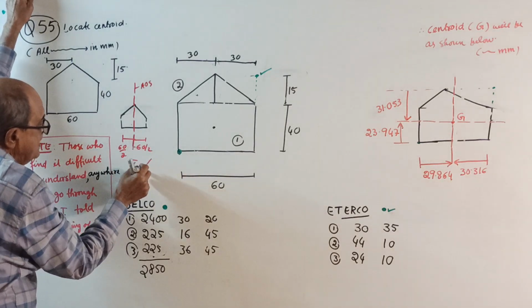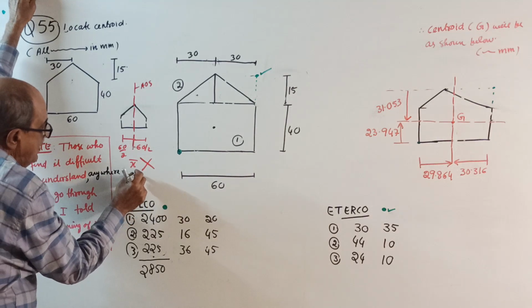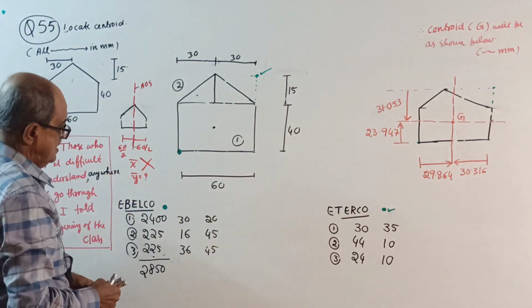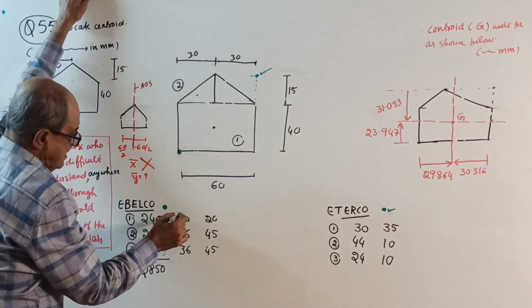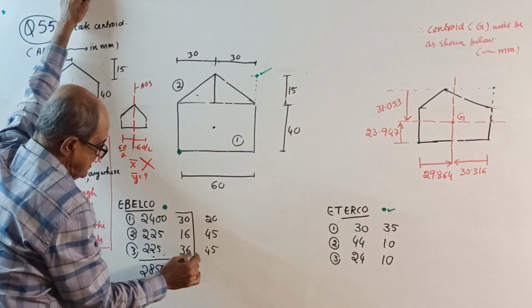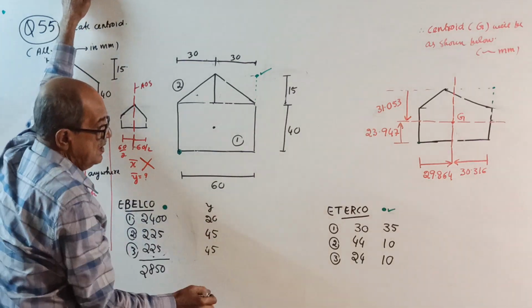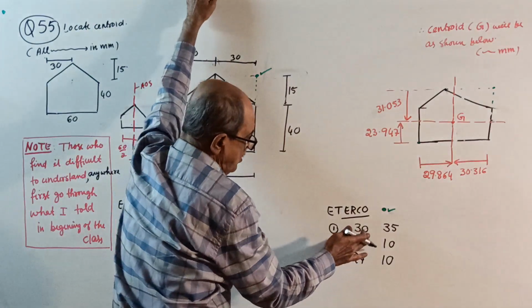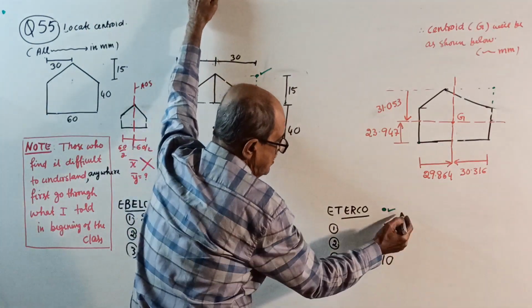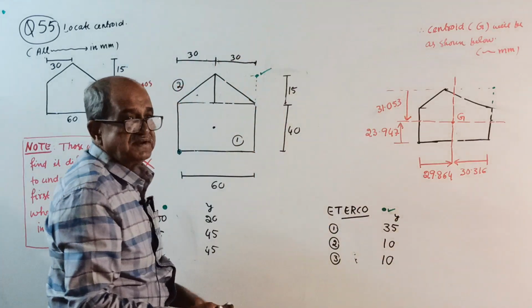Therefore, x bar is not required. You require only y bar. For this question, only y values are needed, here also only y. No x distance is required.